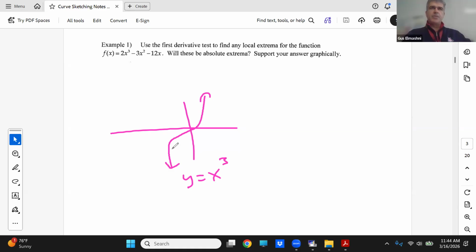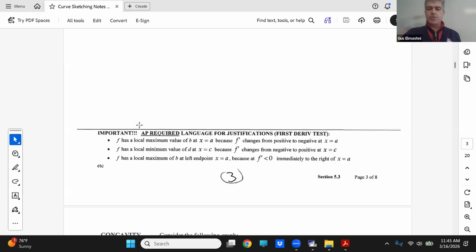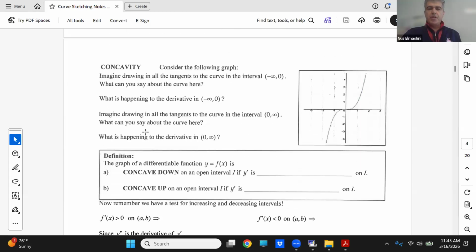Notice how it kind of bends and turns a little bit, but like how come it doesn't do this? Why does it have to have this flattening out thing? And there's something called concavity. Concavity talks about how it twists and turns. So here we go.